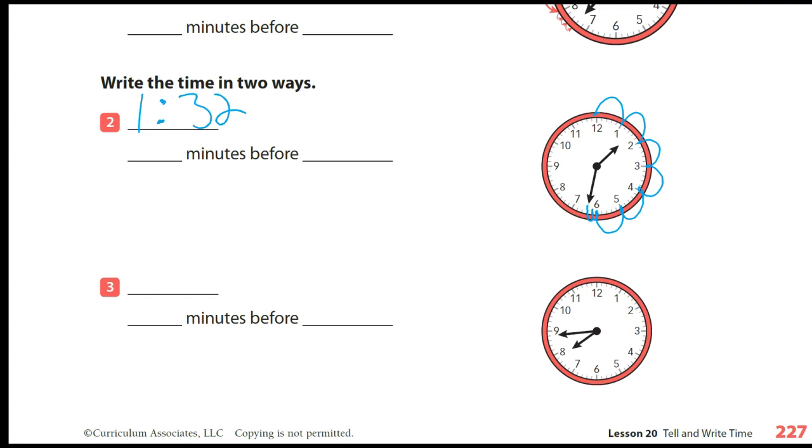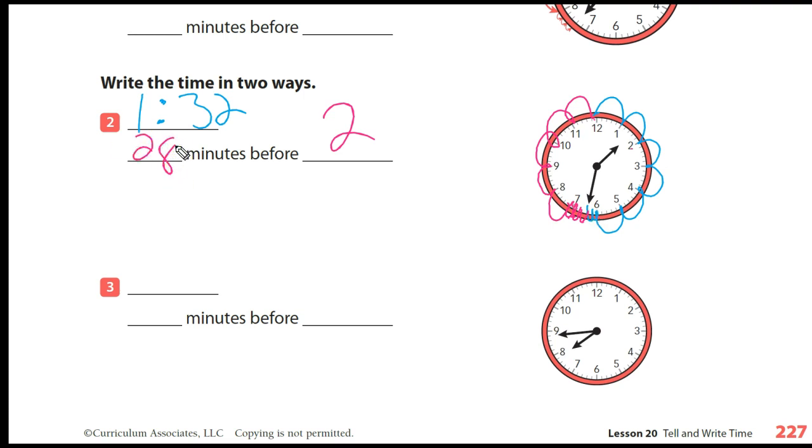But how many minutes pass before we get to 2 o'clock? Because what's the next number that the hour hand would touch? 2. Okay. Now I need to go backwards. So let's go 25. Then it's 20, 25, 26, 27, 28.